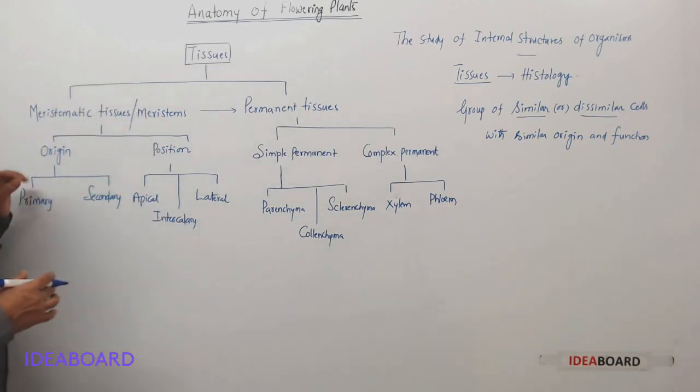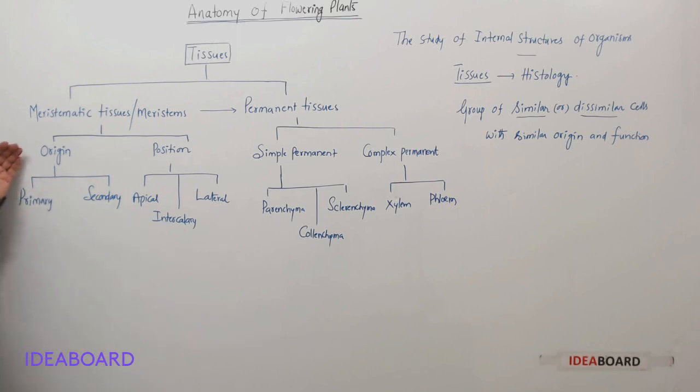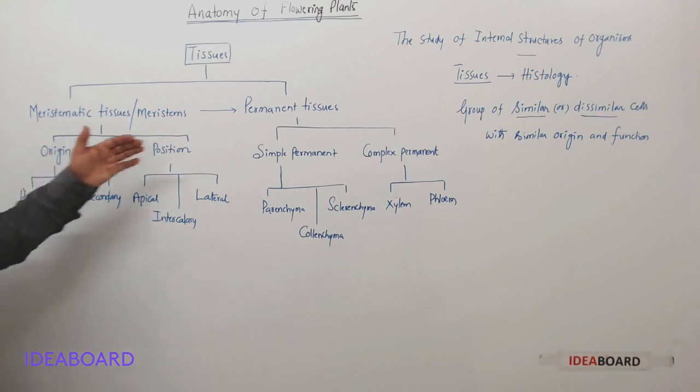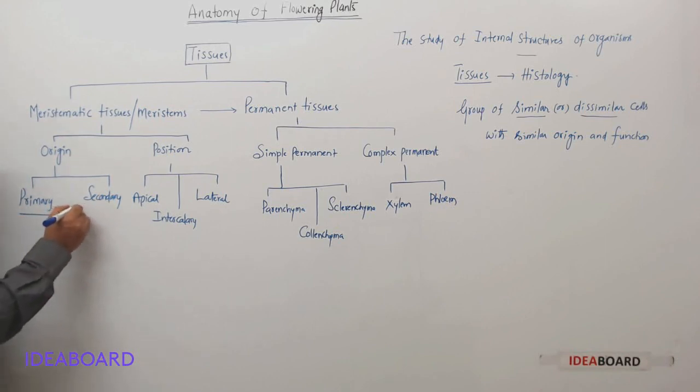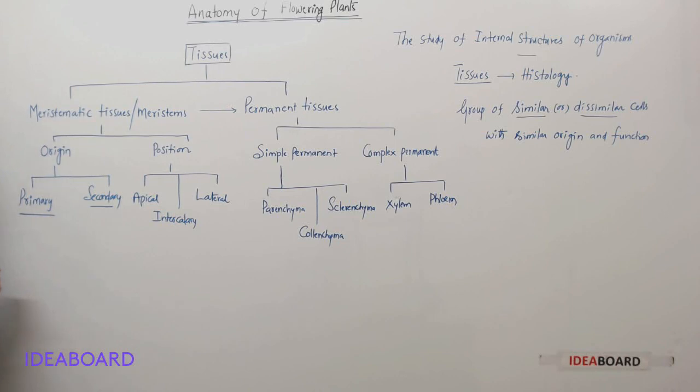First, let us see the meristematic tissues, which are further classified based on two aspects. One is based on origin in the life of the plant, and the second one is position in the plant body. And based on origin, there are two types: primary meristems and secondary meristems.